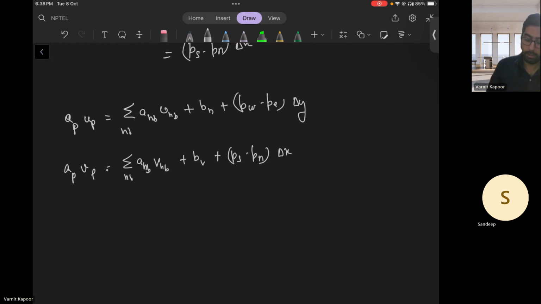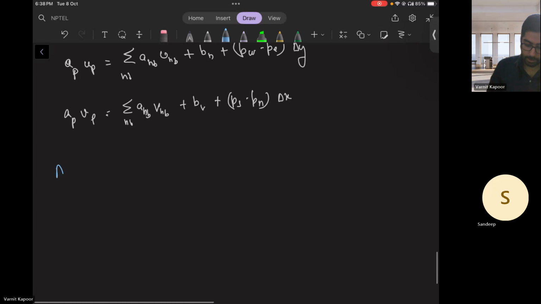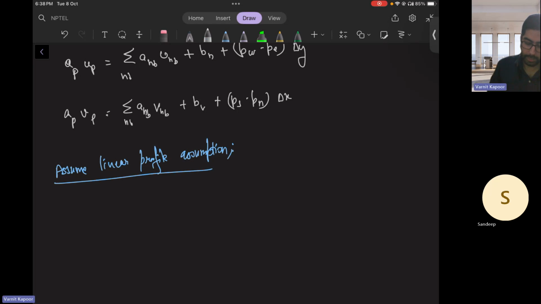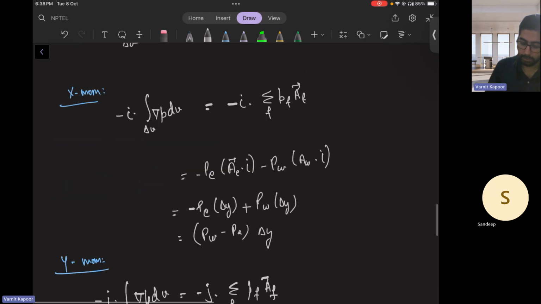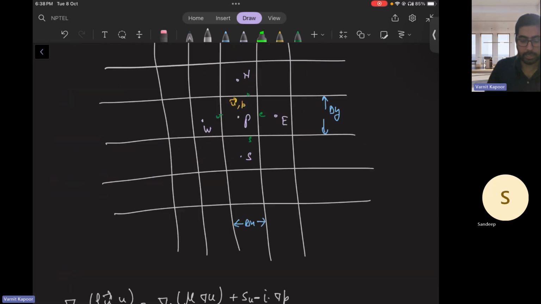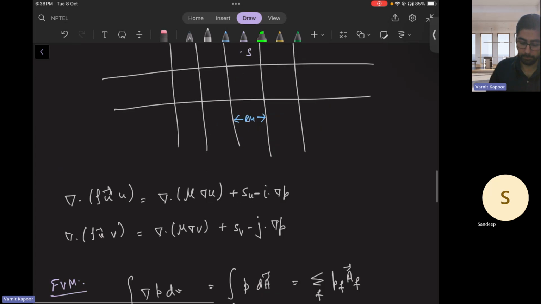Now assume a linear profile assumption for pressure. We are dealing with a uniform grid. So how can you write PE? Your cell was this; PE can be written as PP plus PE by 2.